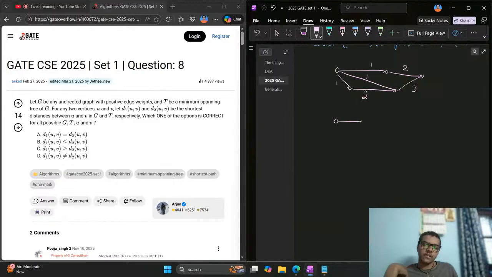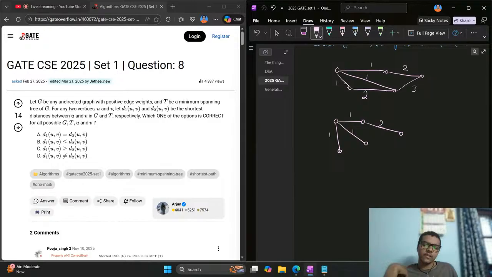Then the minimum spanning tree will be something like this, right? That works out.